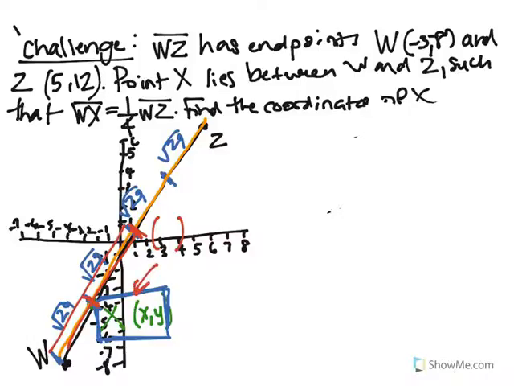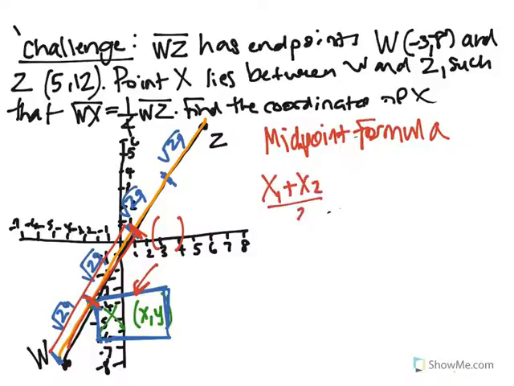Okay, so the midpoint formula, this is new, so pay attention. It is (x1 plus x2 over 2, y1 plus y2 over 2).